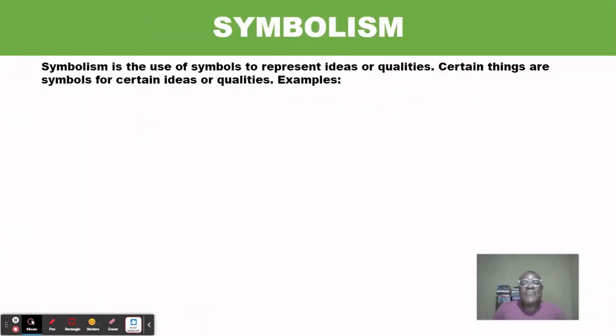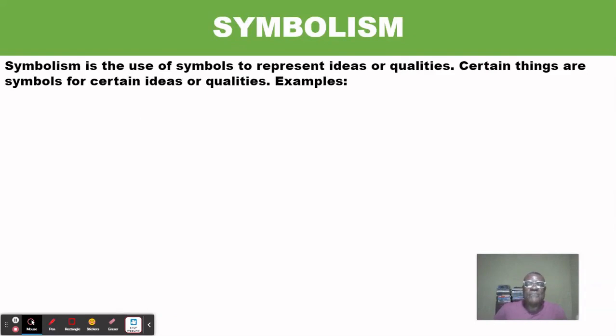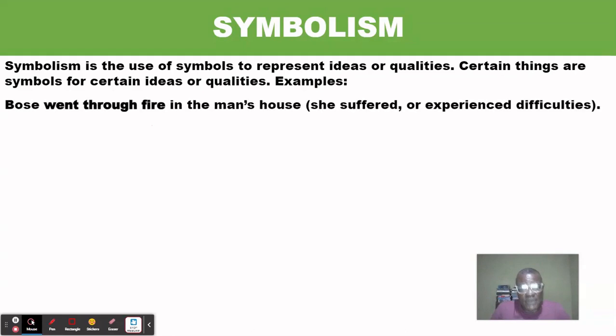Now, the next literary device is symbolism. Symbolism is the use of symbols to represent ideas or qualities. Certain things are symbols for certain ideas or qualities. For example, Wassce went through fire in the man's house.